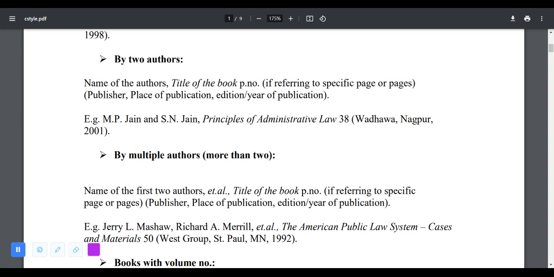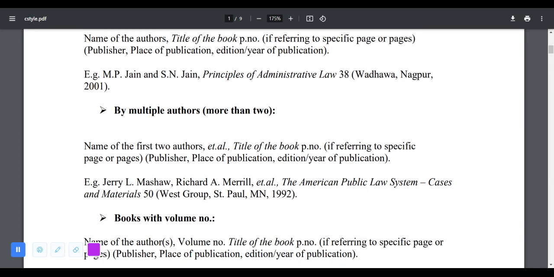Understood? The only difference between a single-authored book and a co-authored book is that "and" is used between the two authors. Got it?